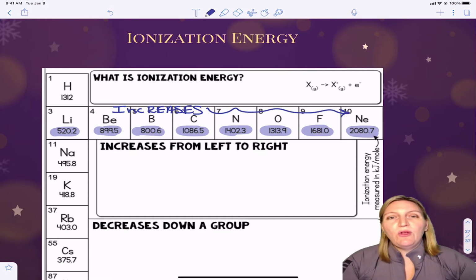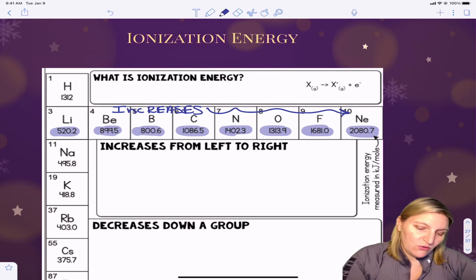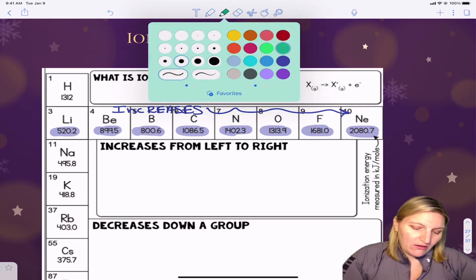And then if you look going down, ionization energy decreases as you go down a column.